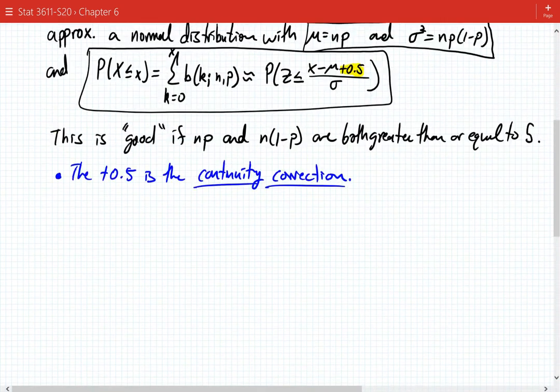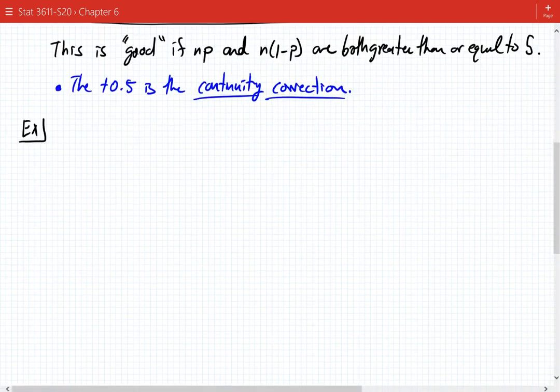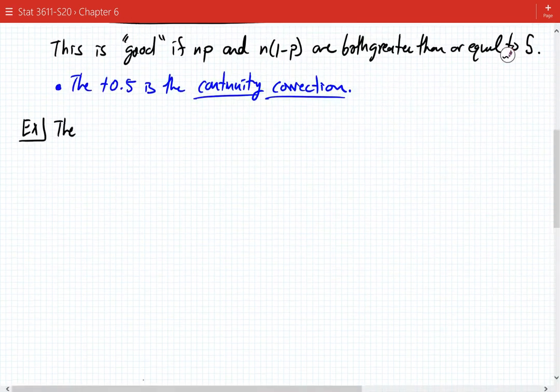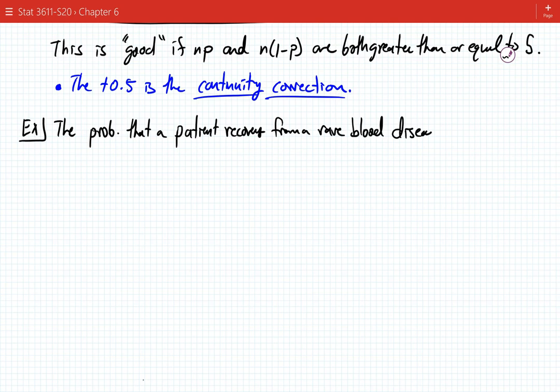Let's take a look at an example using this. The probability that a patient recovers from a rare blood disease is 0.40.